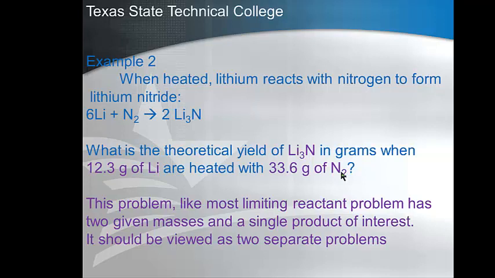The first problem asks how many grams of lithium nitride are produced when 12.3 grams of lithium are reacted. The second problem asks how many grams of lithium nitride can you get from 33.6 grams of nitrogen gas.